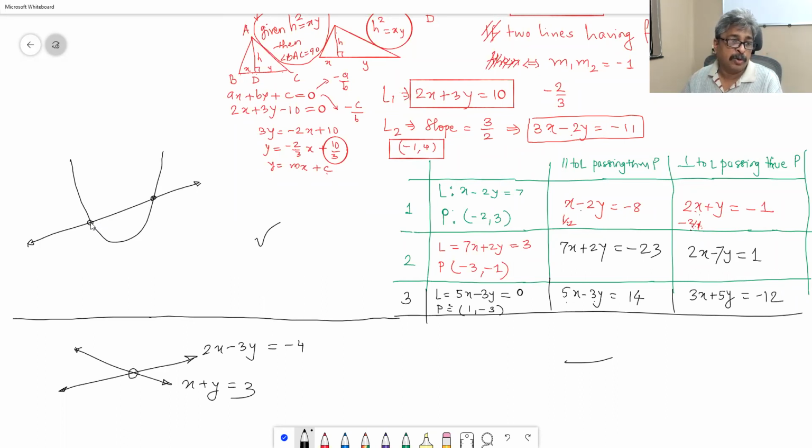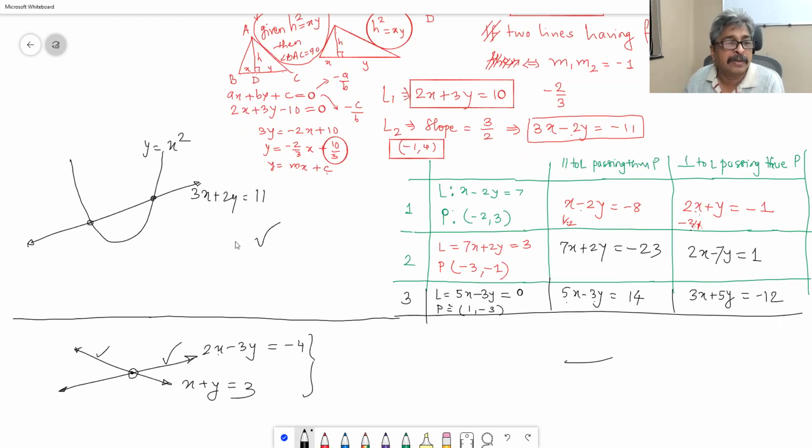If we want to know what these points are, geometrically they are points of intersection, algebraically it is solving them simultaneously. We want those x comma y which satisfy this line as well as this line. So that is the only point that we will get. In this case, suppose the parabola is y is equal to x square and the straight line is 3x plus 2y is equal to 11.